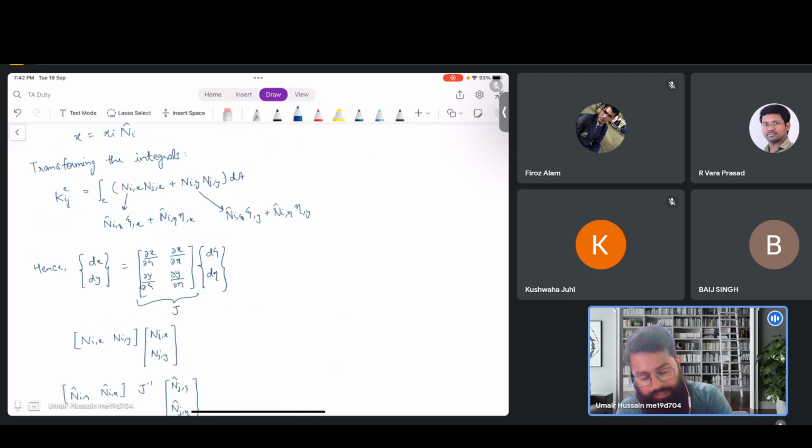So if we are given a derivative like this, and if we want to transform it to eta zeta coordinates, we'll have to use this.